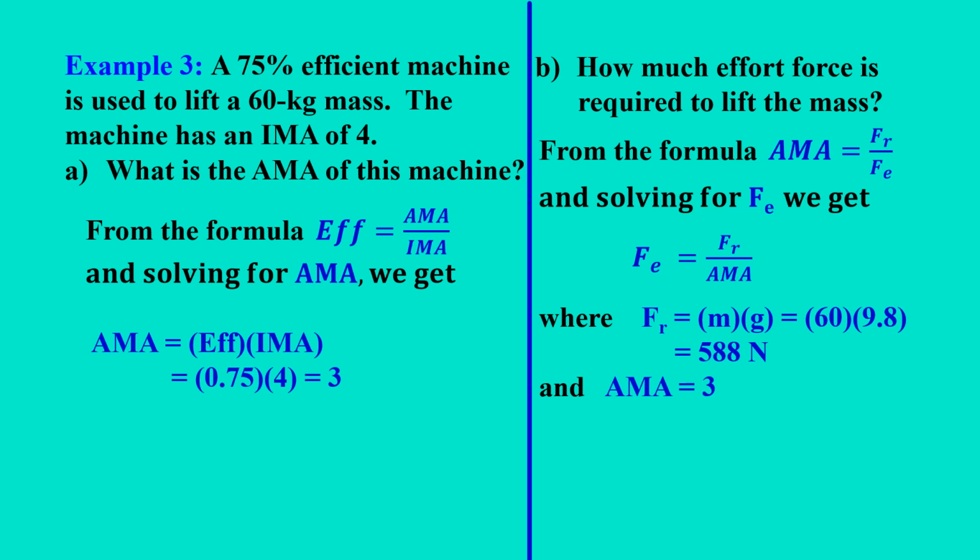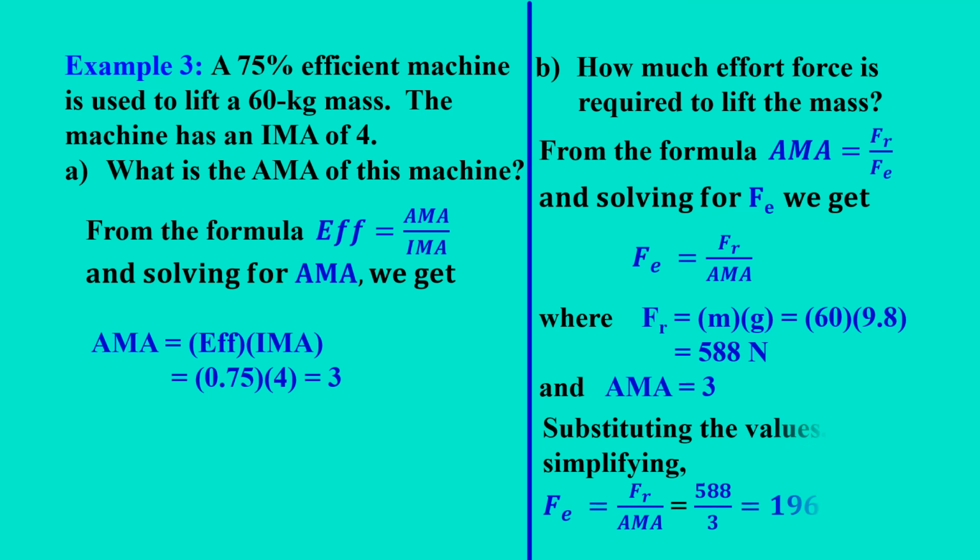Since the load is given as a mass in kilograms, we multiply the mass and the acceleration due to gravity to get the value in newtons. So 60 times 9.8 equals 588 newtons, and the AMA, as we have already solved, equals 3. Therefore, substituting the values, the effort force equals F sub R over AMA, 588 over 3 equals 196 newtons.